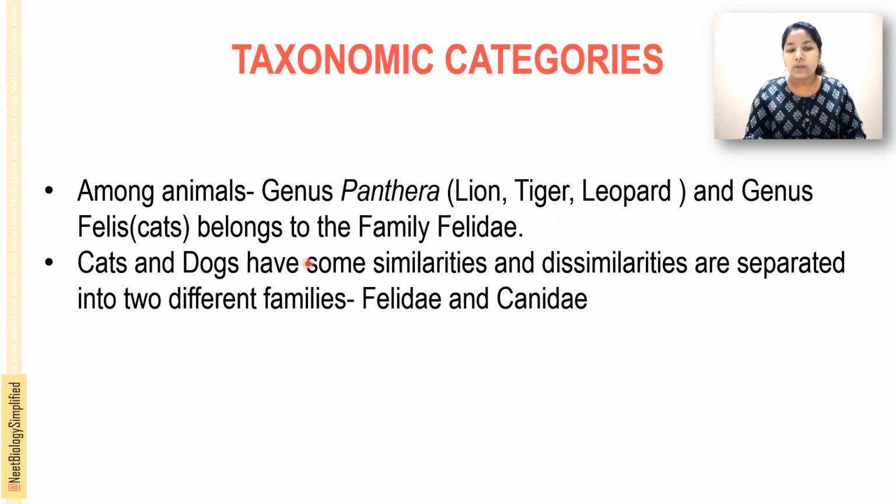Cats and dogs have some similarities and dissimilarities, so they are separated into two different families, Felidae and Canidae.